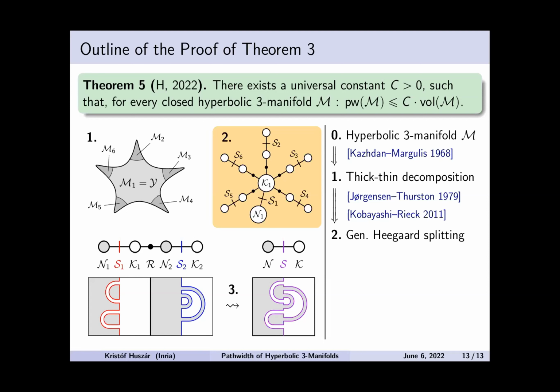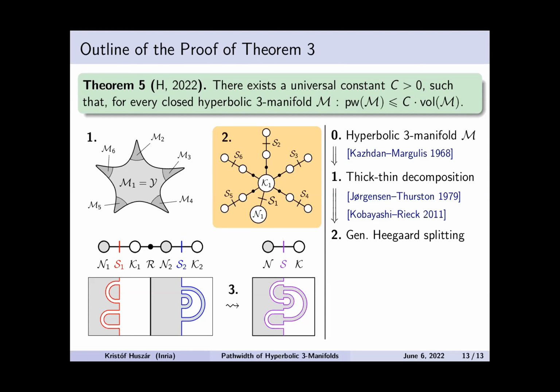Now, we don't use this work to directly proceed to a triangulation, but we can make use of this theory to first construct a generalized Heegaard splitting associated with this thick-thin decomposition, where the surface S1 has genus bounded above in terms of the volume, and all the other surfaces Si will have genus 1. And the number of these smaller surfaces Si is also bounded in terms of the volume linearly.